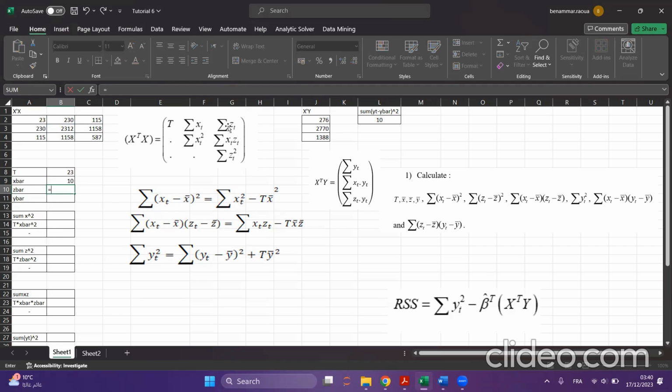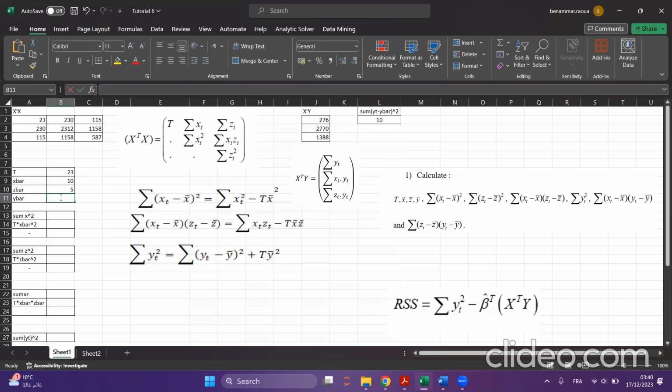Z bar is this element divided by T, which is 5. Now for y bar, we're not going to be using XTX, we're going to be using XTY, which has this general format. So the sum of yt is the very first element of XTY. And we just divide that by the number of observations.